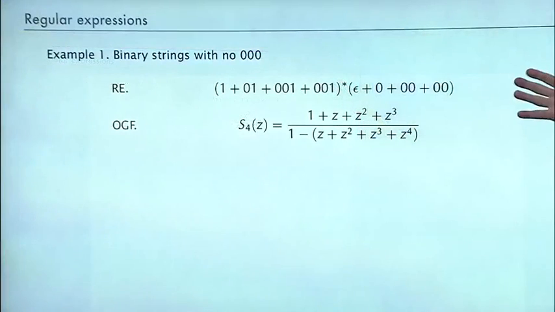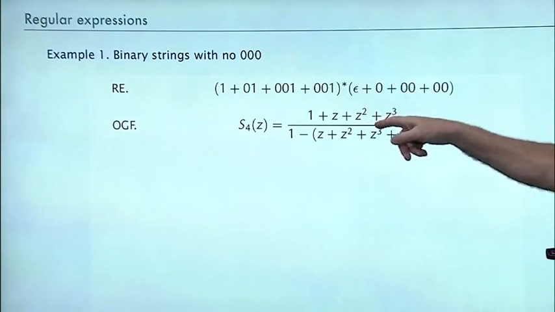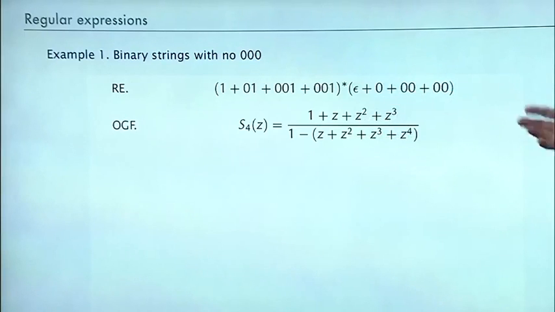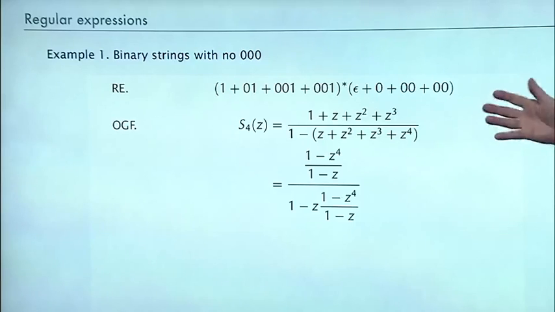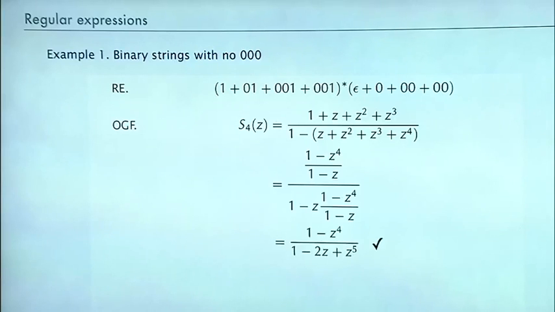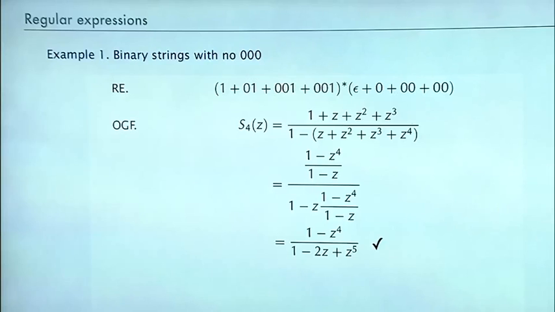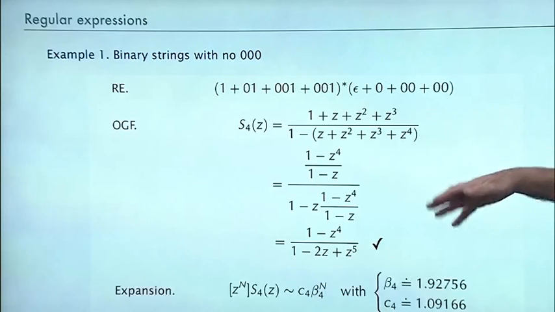An unambiguous one, and then just applying the theorem, for the star it's 1 over 1 minus, and for the tail part it's just that. It's pretty much the same ratio of two polynomials that we had when we did it using the symbolic method. We get the same result, of course, and again, expanded in the same way.